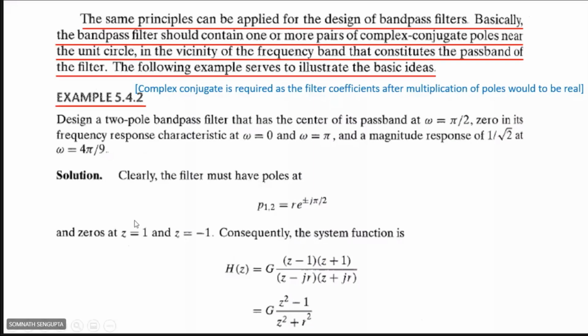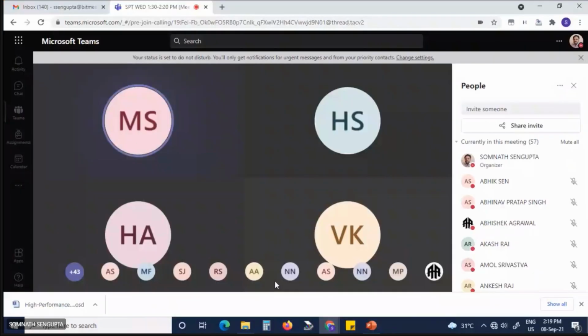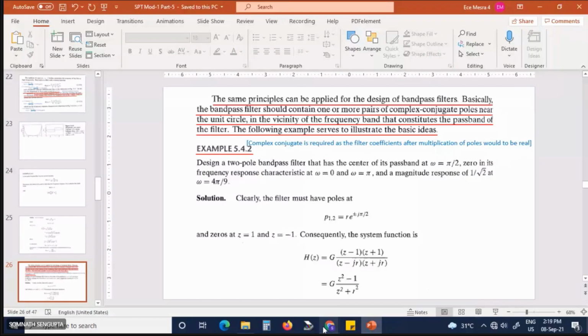One and minus one. 1 and minus 1. Okay. Who told 1 and minus 1? कौन है? Sir Shashank. Shashank. Okay.